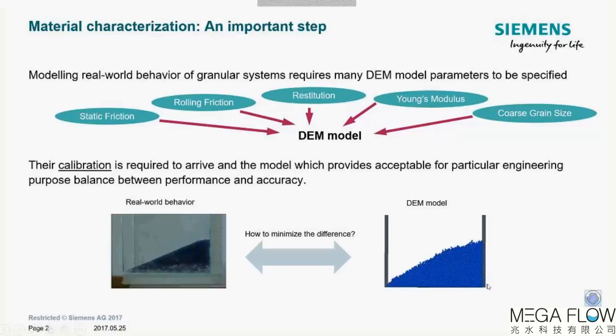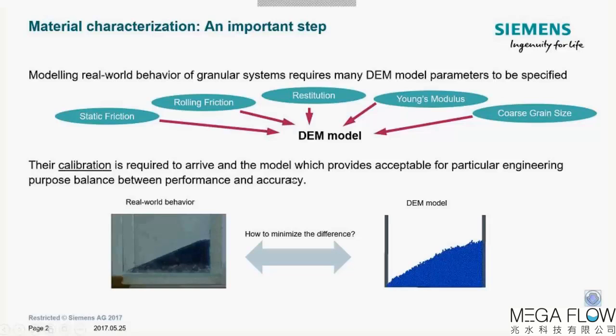For example, we have here the particles settled at a certain angle of repose, the angle between the surface of particles and the horizontal in the DEM model, and on the left we have the real-world behavior of settling particles.